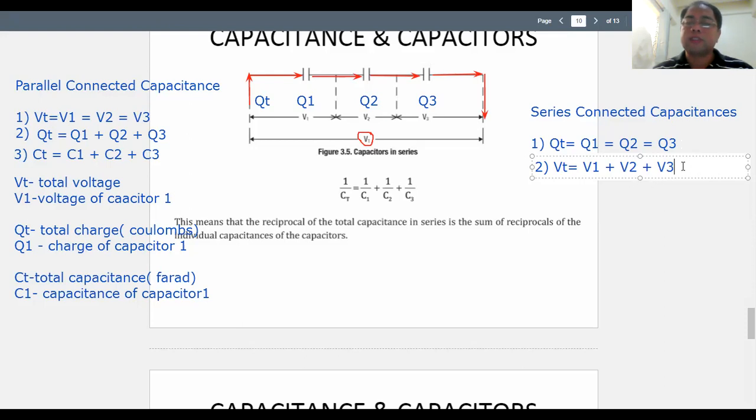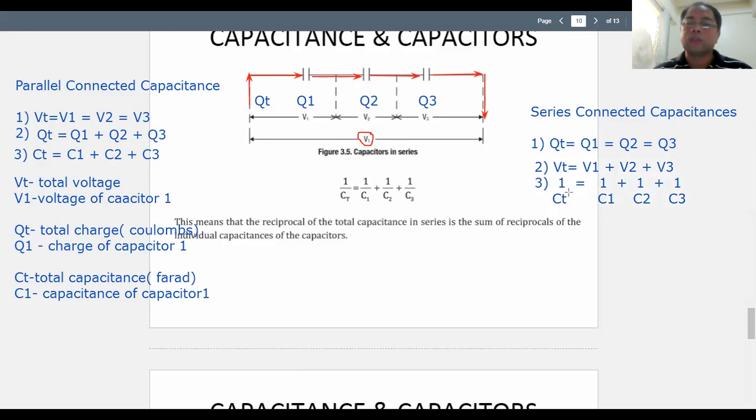So the total voltage is the sum of the individual voltages, and then the third principle is that our total capacitance is in terms of a ratio. Okay, so it is a ratio.